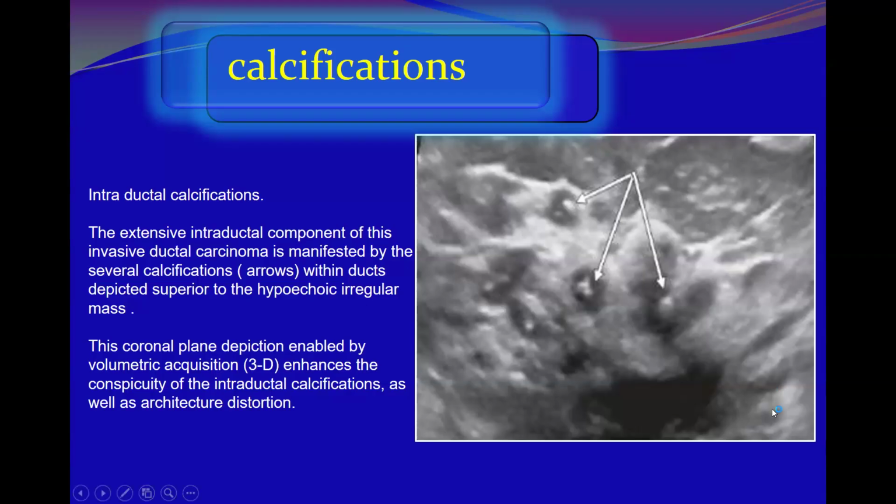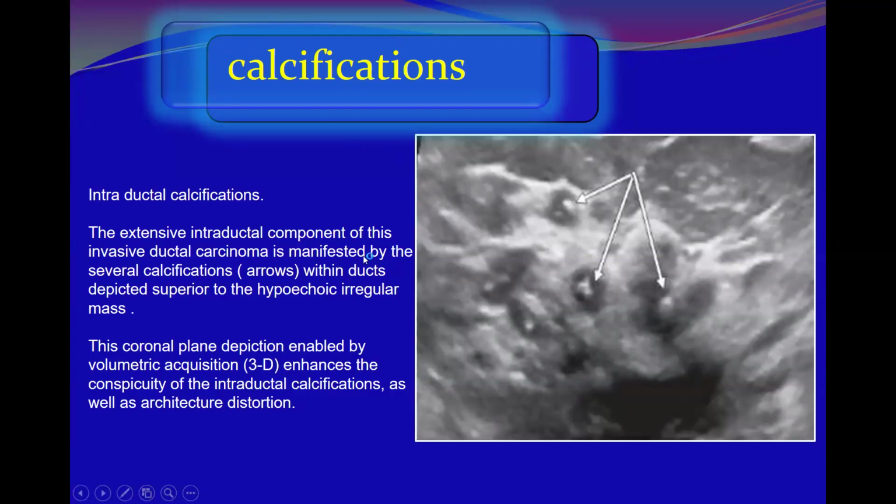And here we can see these isoechoic structures, and within them a bright hyperechoic fleck representing intraductal calcifications. And being intraductal calcifications, it is a suspicious finding for biopsy. And this case was a case of DCIS, okay?